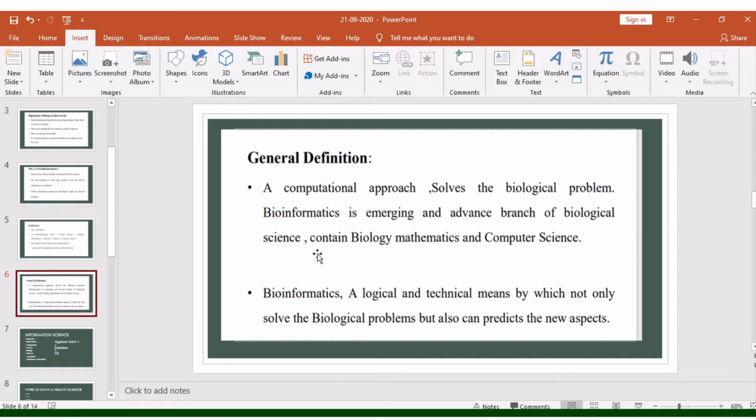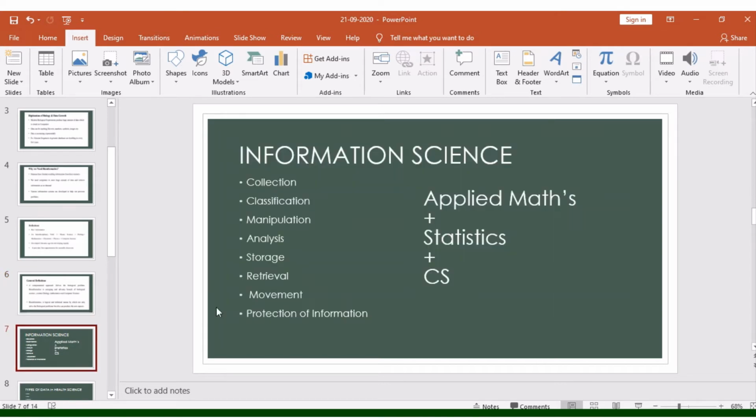Bioinformatics is an emerging, advanced branch of biological science containing biology, mathematics and computer science. It is a logical and technical means by which we can not only solve biological problems but also predict new aspects. Before going to information science, I want to mention the types of information available.